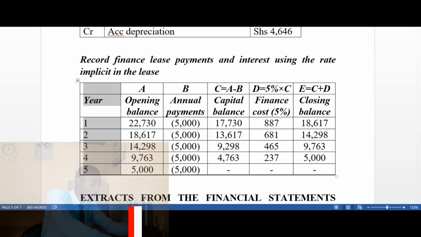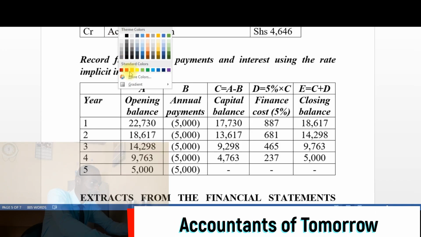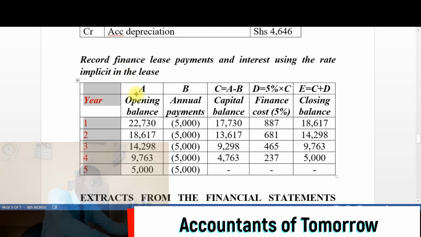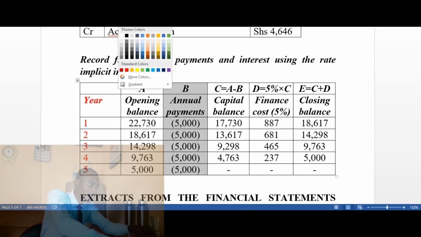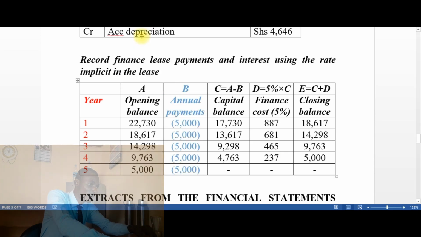That is our schedule. So we need a column for years. That is our first column, as you can see. That is years. Remember, we are using 5 years. We have the second column that shows the opening balance. Then you also have the third column, which shows the annual payments.